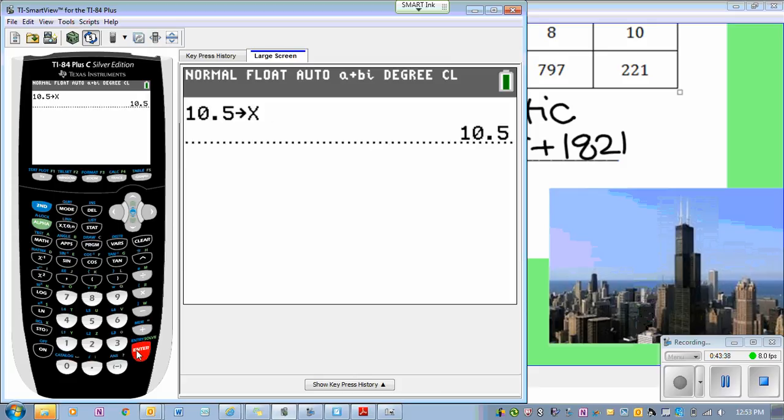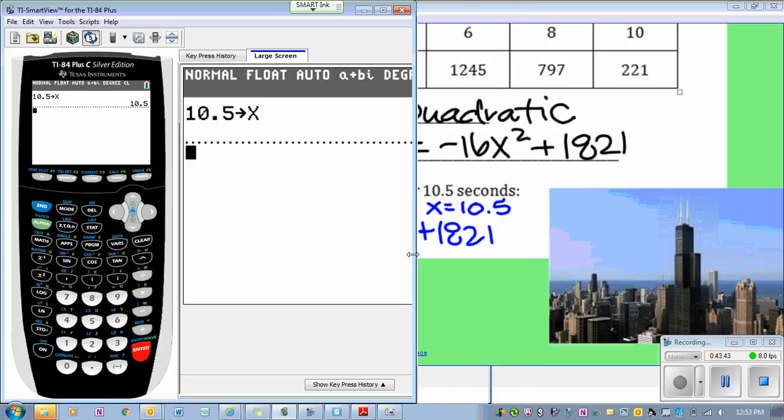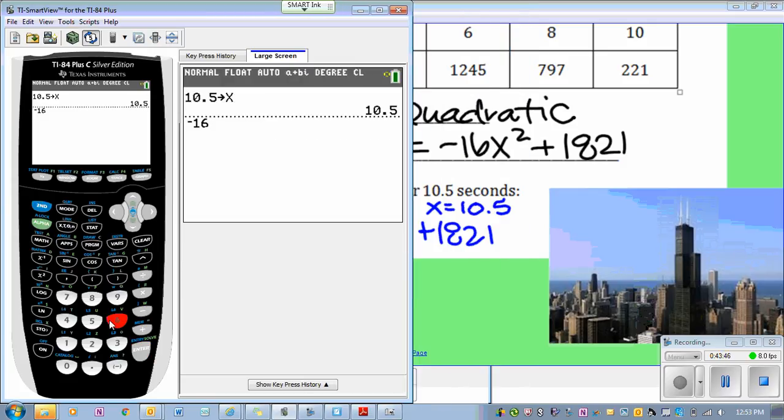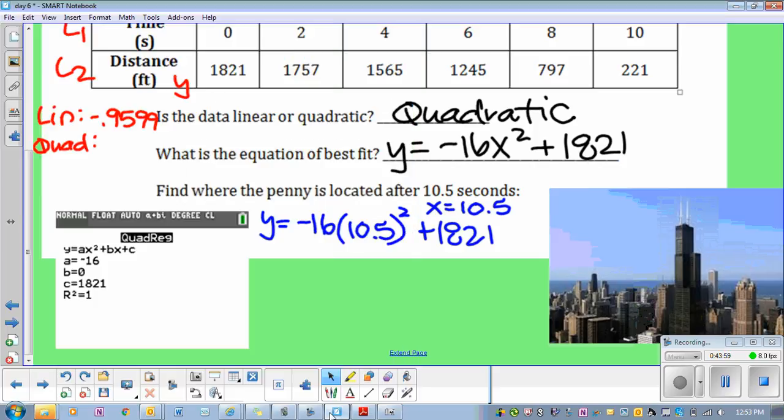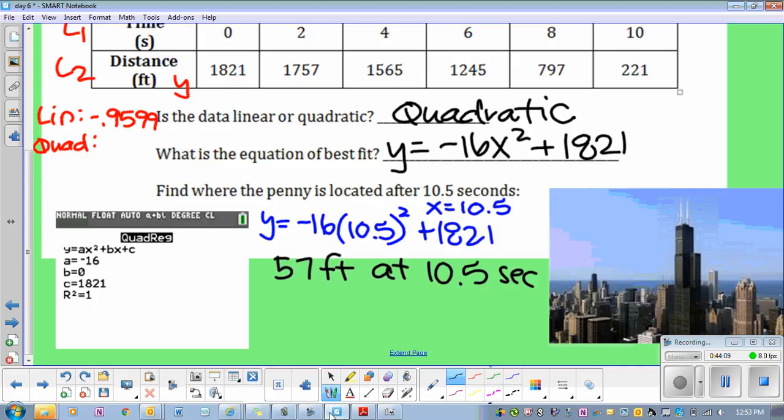And then I have negative 16x squared plus... So it should be 57 feet at 10.5 seconds. Okay? And with these word problems, please make sure that you're putting down the units.